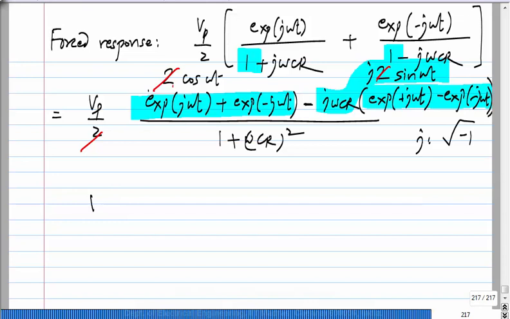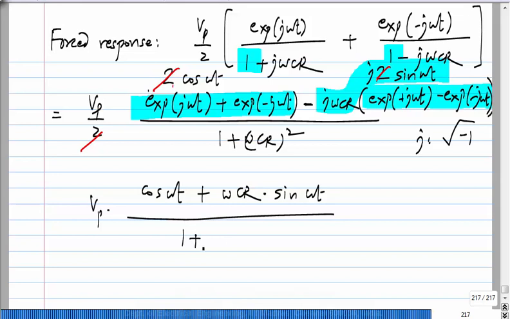So, what we get is Vp times cos omega t plus omega CR times sin omega t, divided by 1 plus omega CR squared. Is this correct?